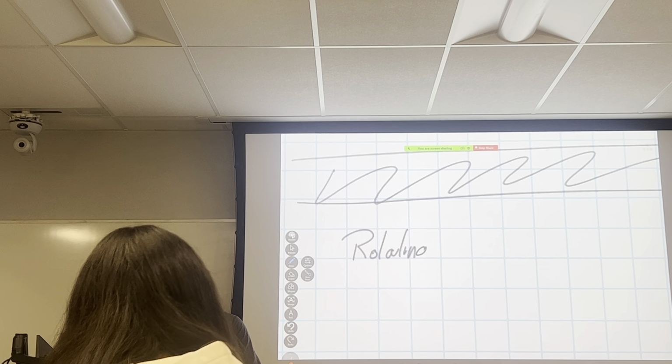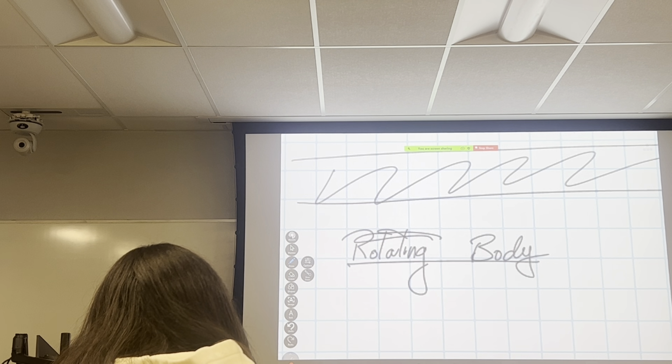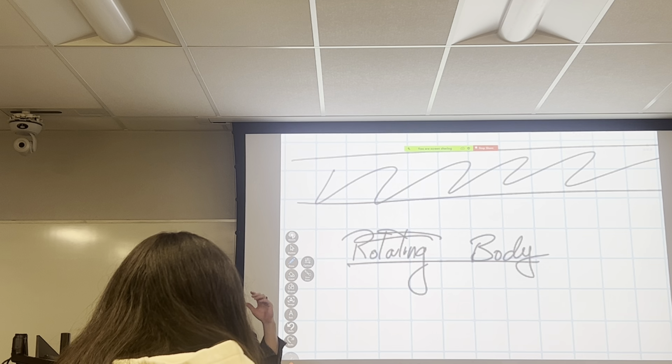Pretty much everything that we discussed up to this point, we are going to revisit. This time, not when a body is translating, but when an object is rotating.